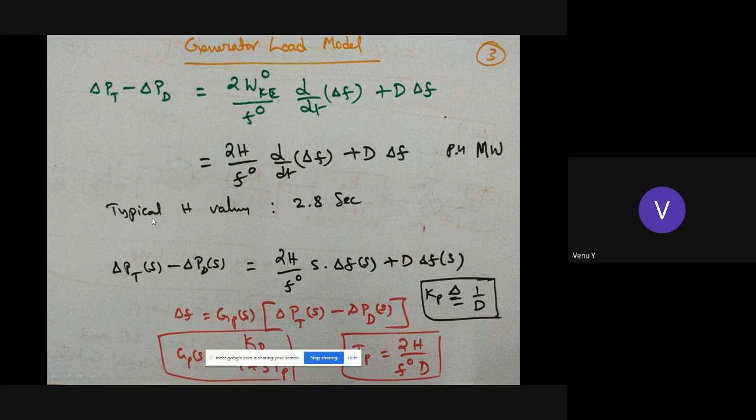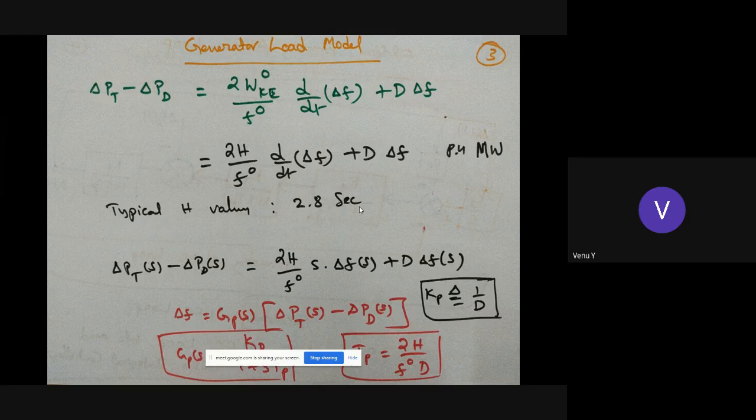In general, a typical value of H is 2.8 seconds. M is equal to 2H, or Tm is equal to 2H. Tm is the mechanical time required to start the machine from rest to rated speed.